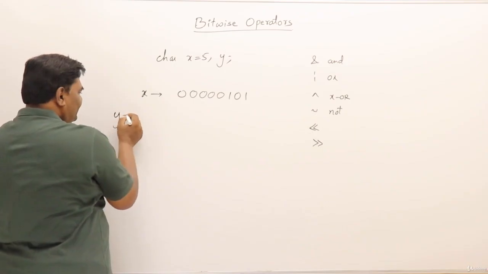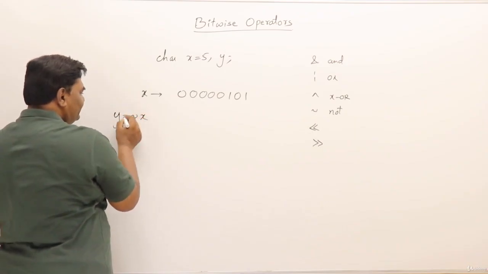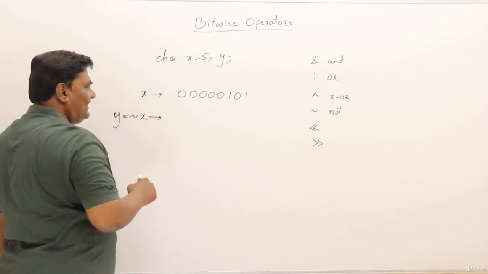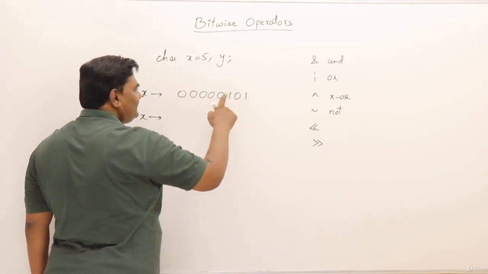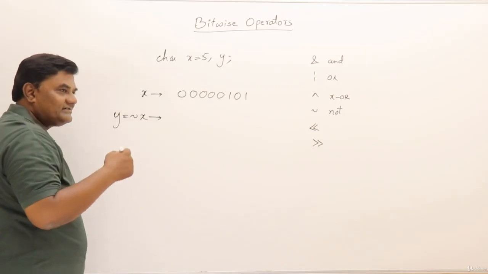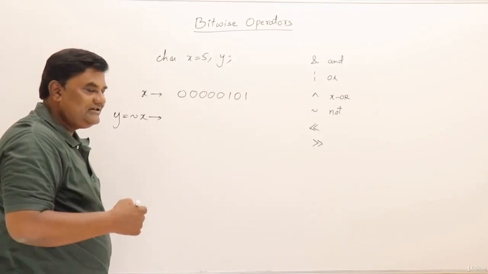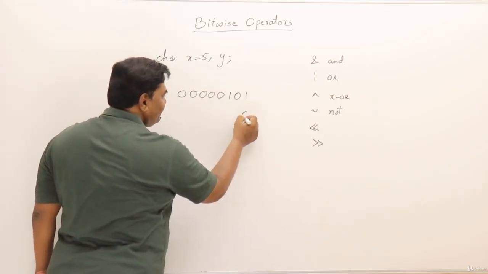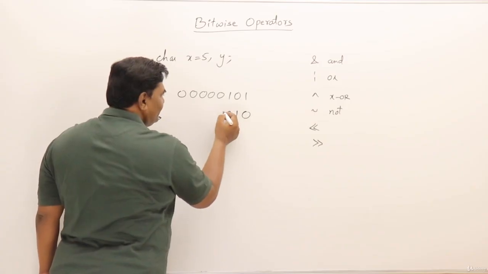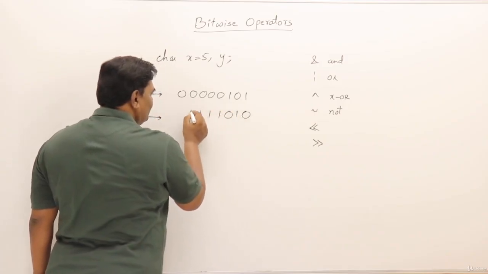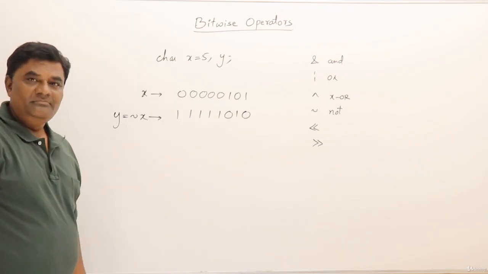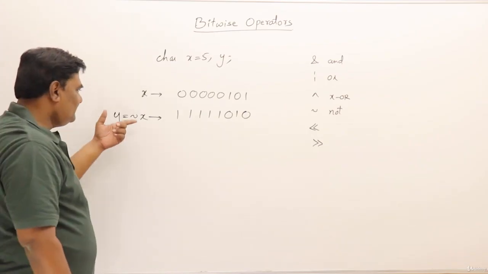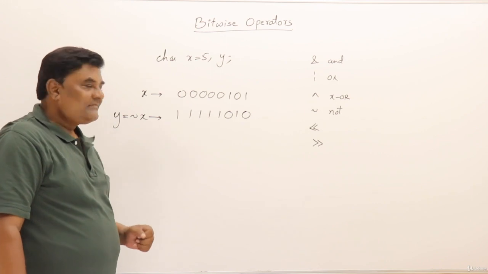Then if I say y assign not of x, then let us see what happens. Not means every binary bit will change its state. That is 0 will become 1, 1 will become 0. So this becomes a 0 and 1 and 0. Then all these are 1s. So this is the complement or the NOT of x.